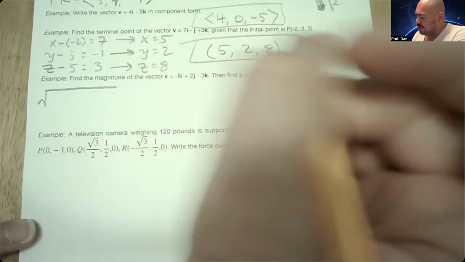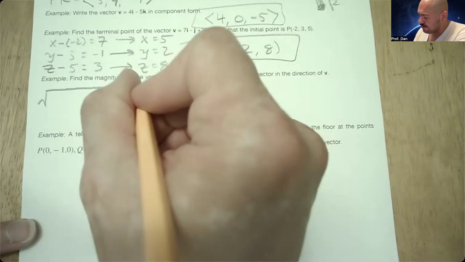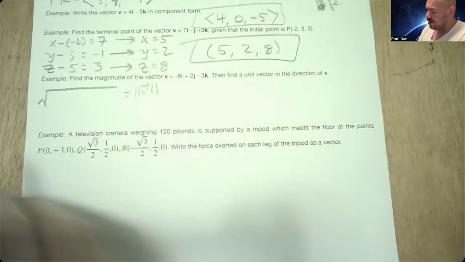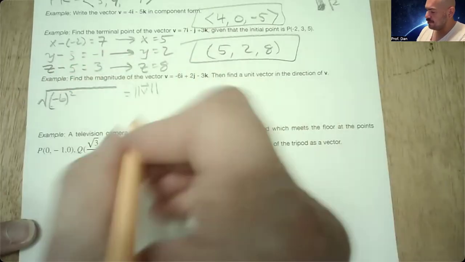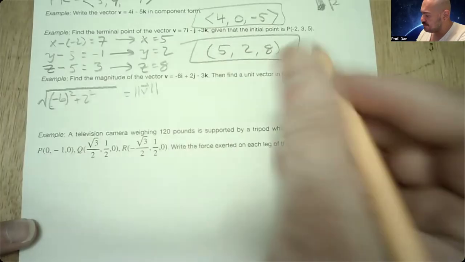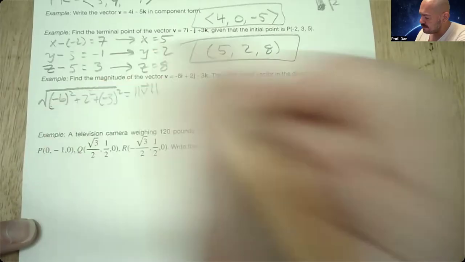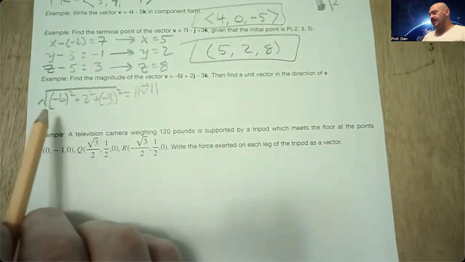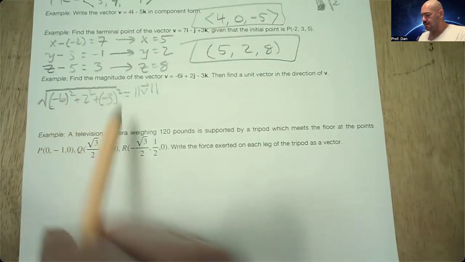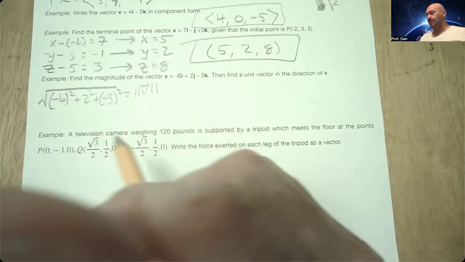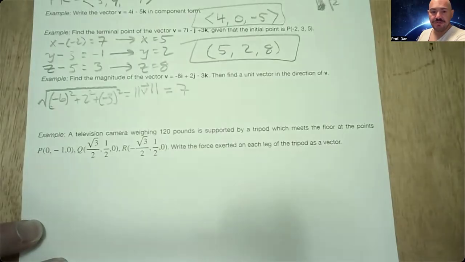So we have the magnitude, which I should have labeled, is equal to -6 squared plus 2 squared plus -3 squared. So adding those, we get 36 plus 13, also known as 49. Square root of 49 is 7.